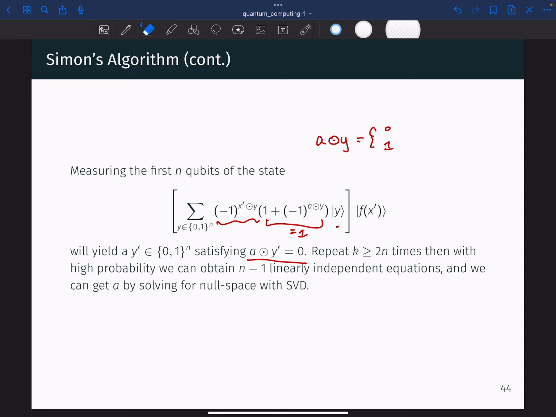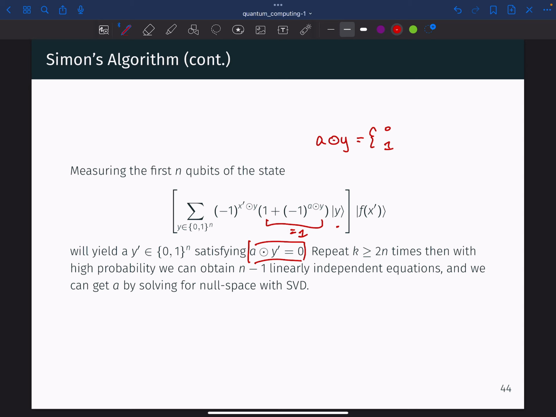So if you are able to sample a certain y by measuring the first n qubit, that means this y must satisfy this relationship. Otherwise, you will have zero amplitude and you will never be able to sample it.